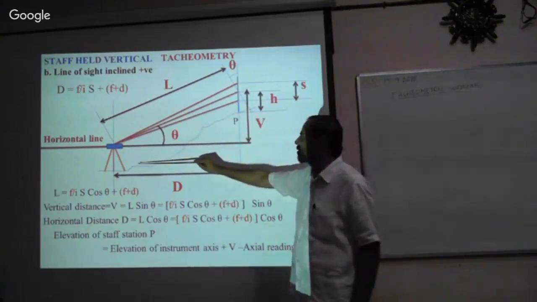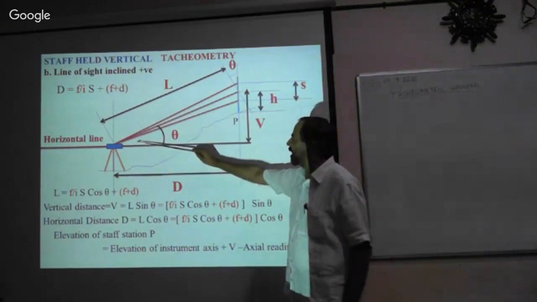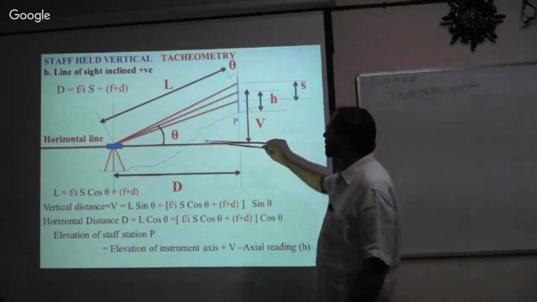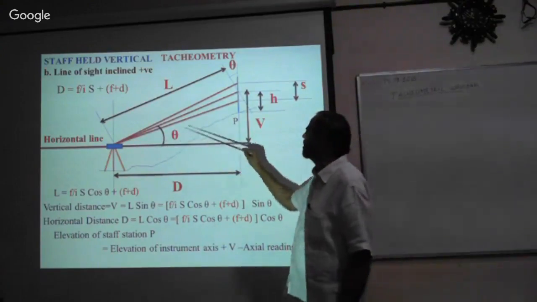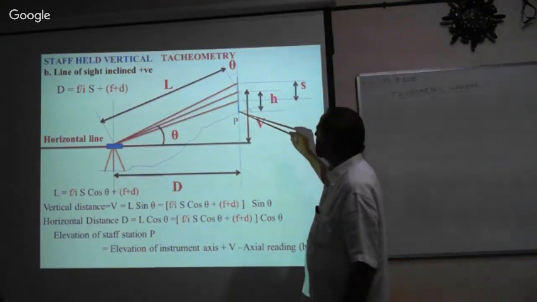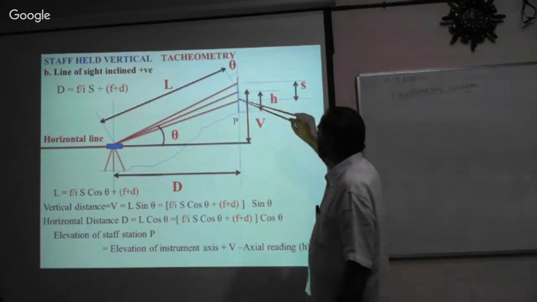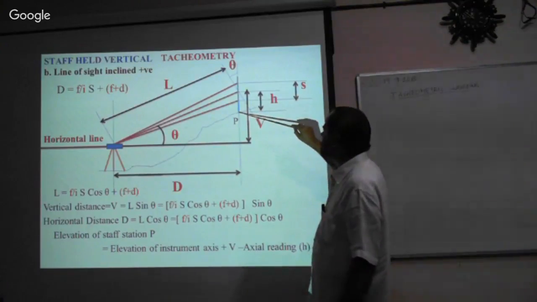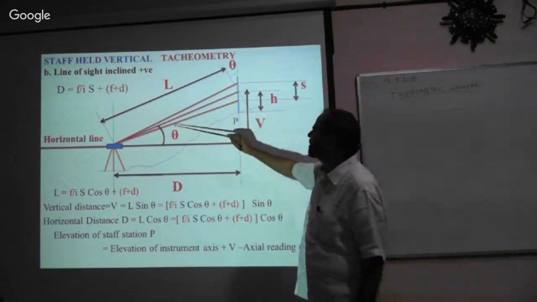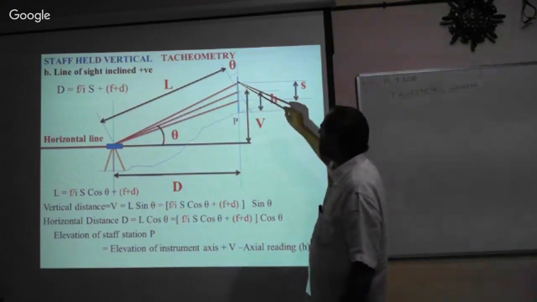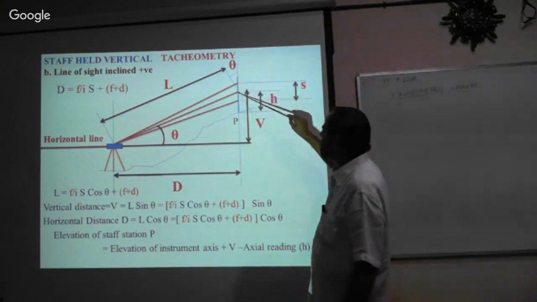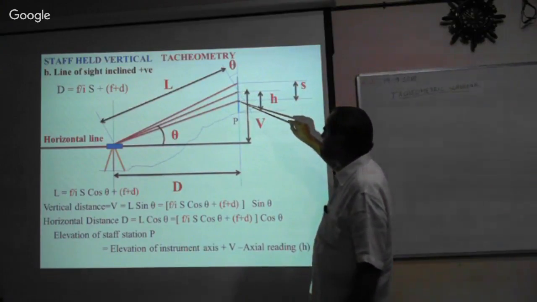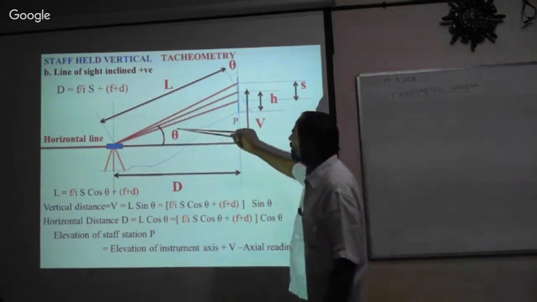Install the instrument, make all the necessary adjustments, then hold the staff vertical where we need to calculate the elevation of the point. Bisect the object and read the top hair reading, mid hair reading, and bottom hair reading, and also the vertical angle.